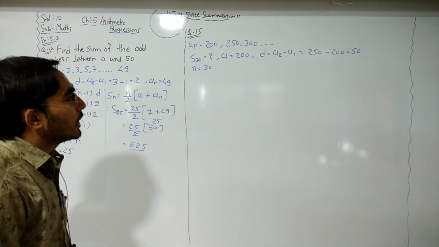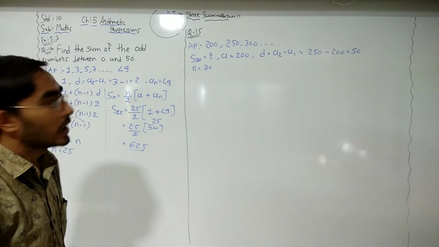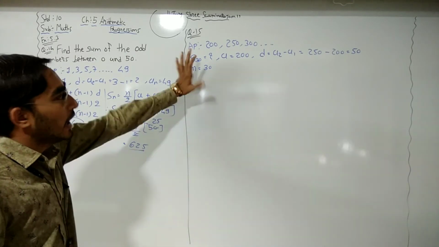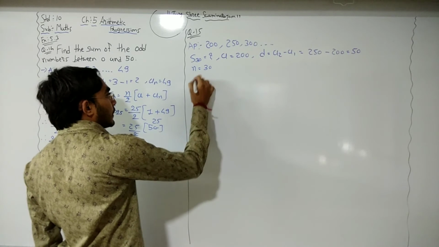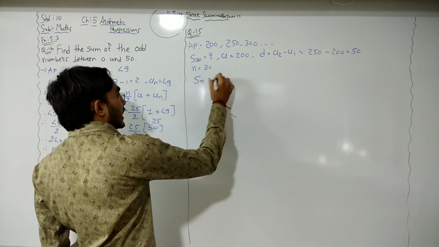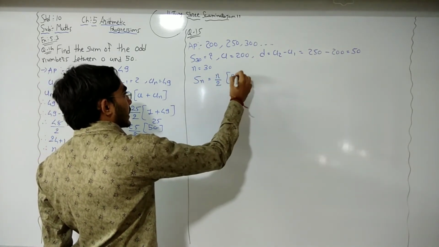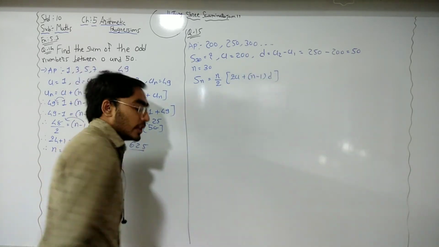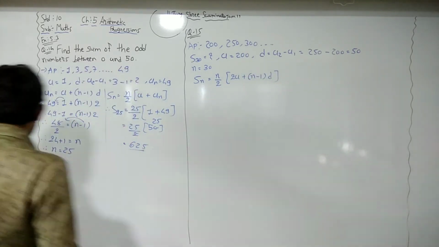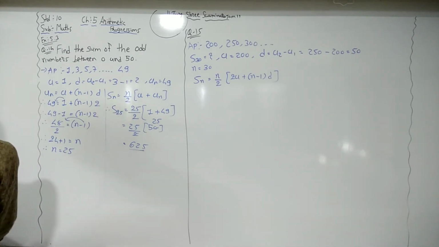Now what we need to find? We need to find S30 from here, right? So first of all, the formula of Sn is n by 2 in bracket 2a plus (n minus 1)d. Here we need to use this formula because we don't know the value of the last term.